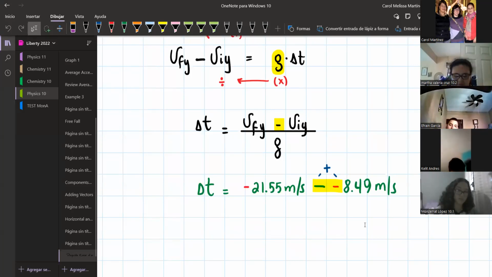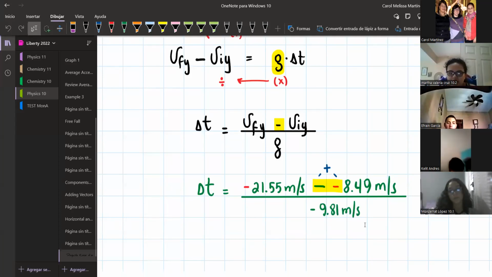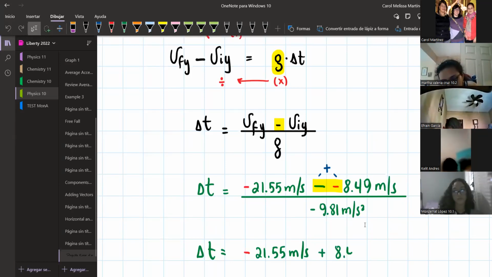Now all this is divided by the value of the gravity, that is negative 9.81 meters per second squared. Okay, now this equation was transformed into negative 21.55 meters per second plus, because minus and minus became plus, 8.49 meters per second. All this divided by the gravity.